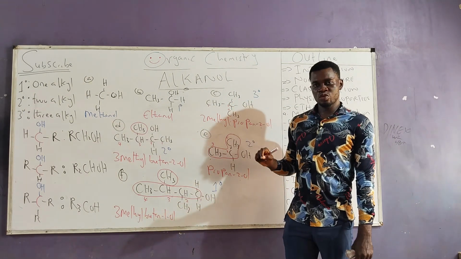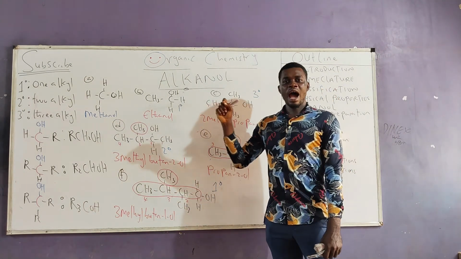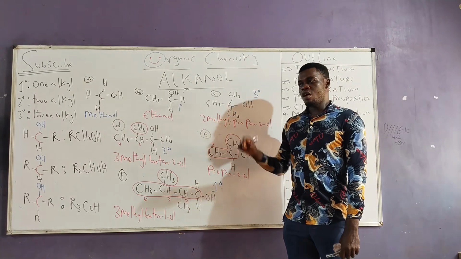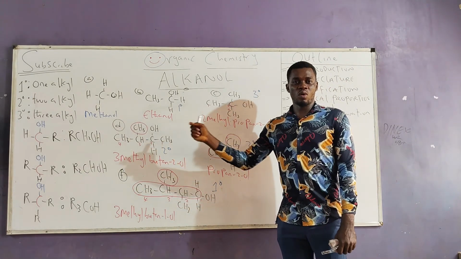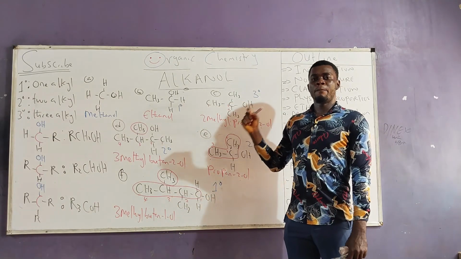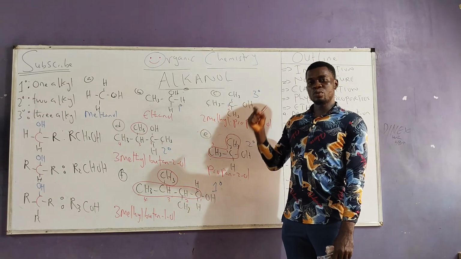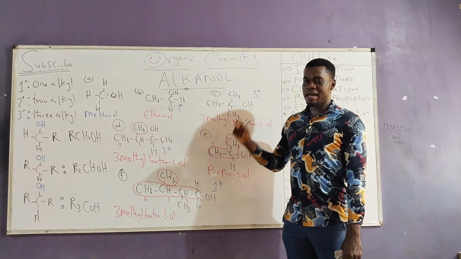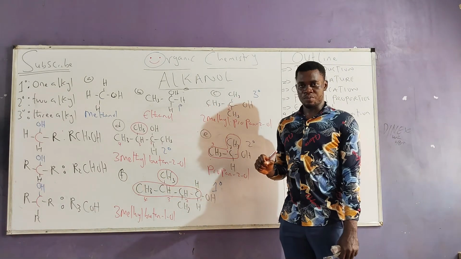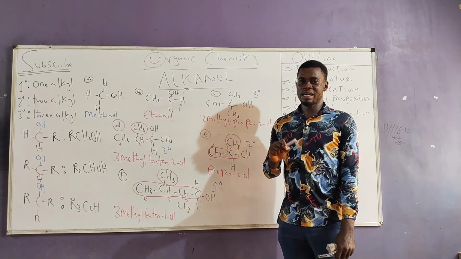Now, if the OH group and the branch are on the same carbon atom, for example, 2-methyl butan-2-ol, for example, 2-methyl pentan-2-ol, for example, 2-methyl hexan-2-ol, the OH group and the alkyl group are on the same carbon atom, that particular alkanol is a tertiary alkanol.